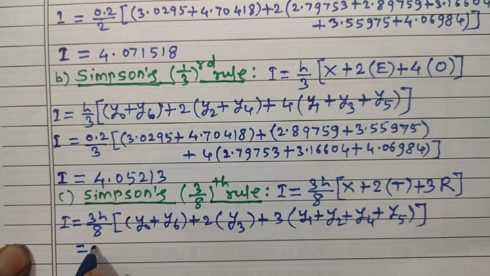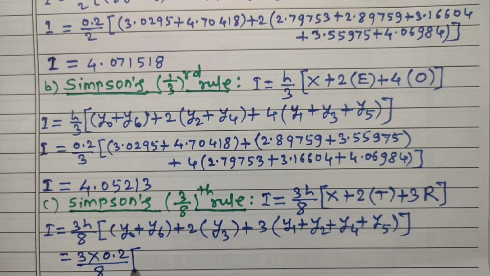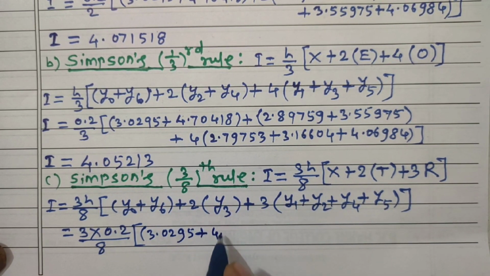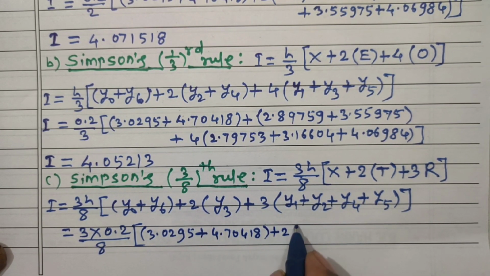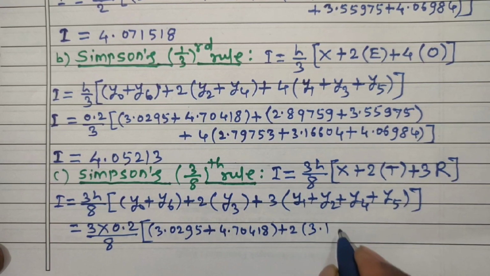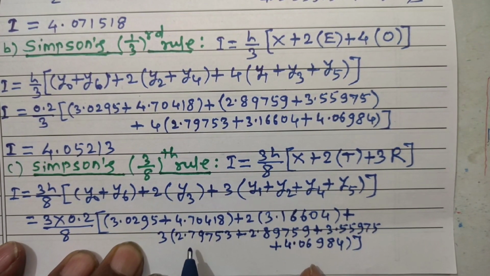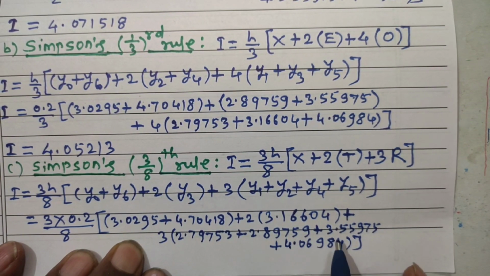So this is equal to 3 times h, which is 0.2, divided by 8 into bracket y0 is 3.0295 and y6 is 4.70418 plus 2 times y3 is 3.16604 plus 3 times y1 is 2.79753 plus y2 is 2.89759 plus y4 is 3.55975 plus y5 is 4.06984, bracket close.